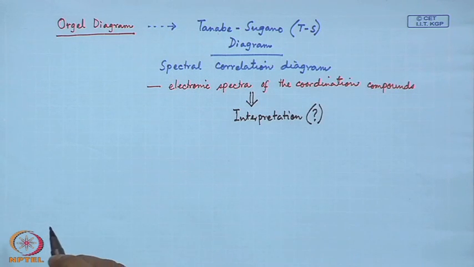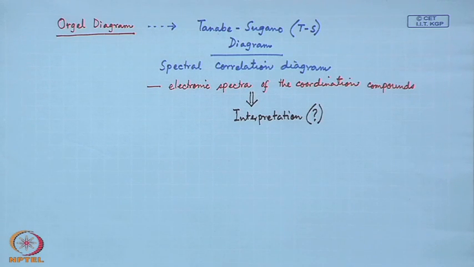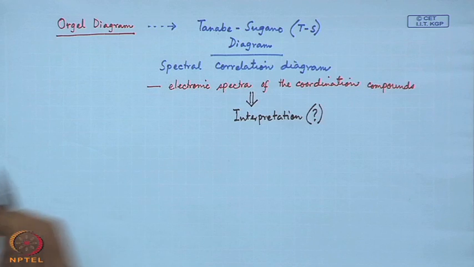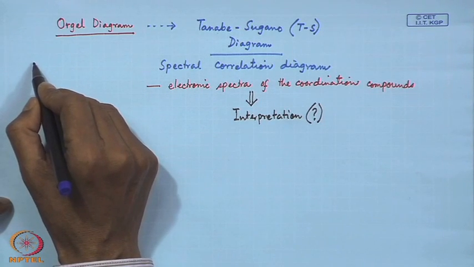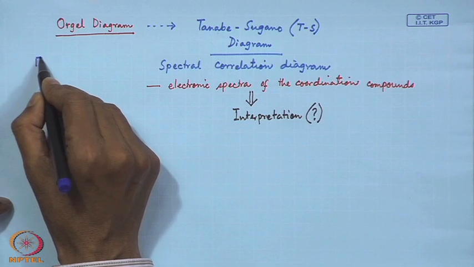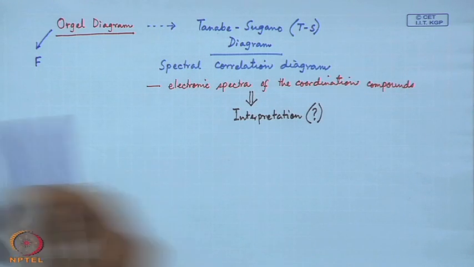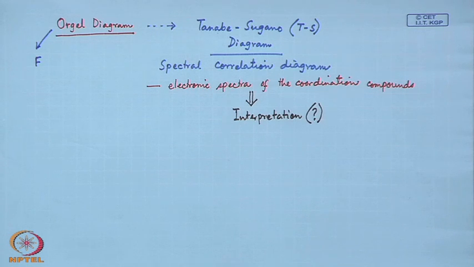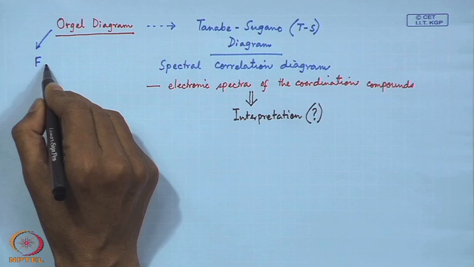How we can go to their interpretation basically, and that gives us some important points. Apart from this diagram, what we have found in case of the Orgel diagram is that a particular state, whether it is D or F, when it is getting split, gives the corresponding terms.